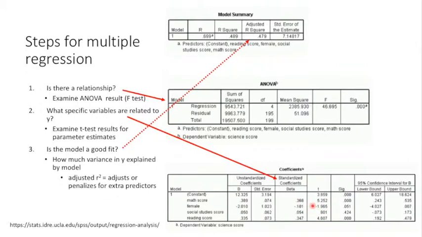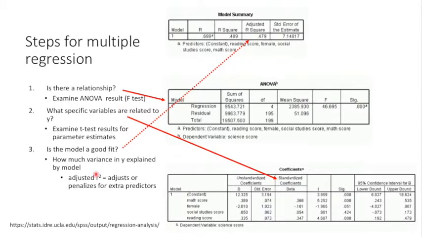That's a good rule of thumb to remember. You can see the corresponding p-values here, and then the 95% confidence intervals here. This one crosses over, and so I also know that this is not statistically significant, so it's in that negative range with that confidence interval.